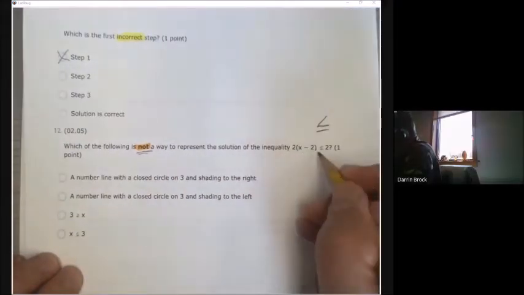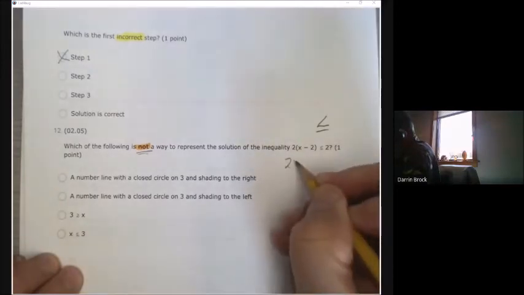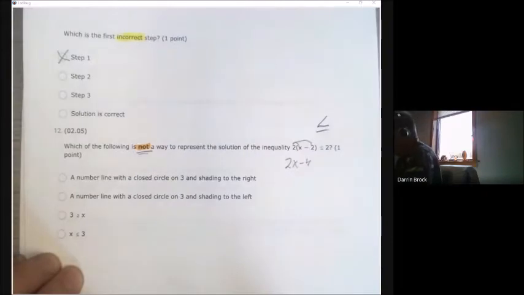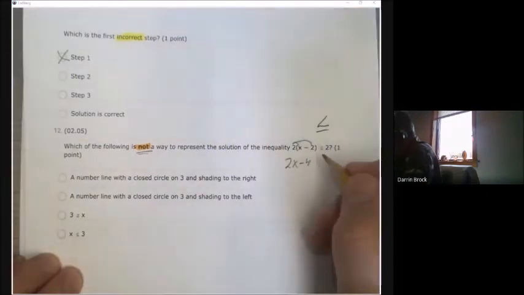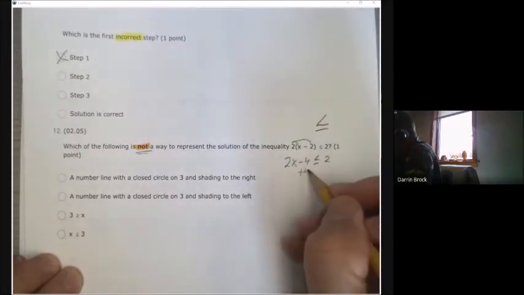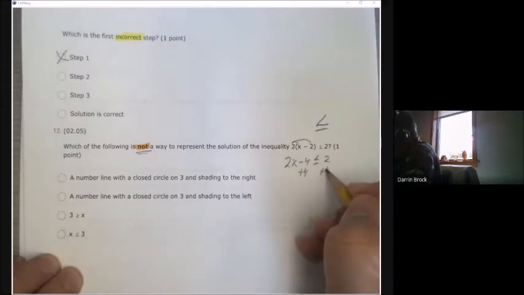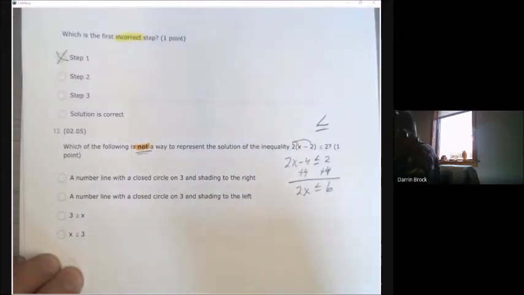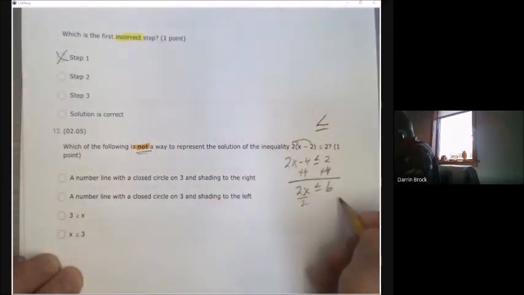So let's get rid of the parentheses. 2x minus 4, because we have to do that to both of them, right? 2 times x, 2 times negative 2, less than or equal to 2. Trying to get x by itself, so add 4. 2x is less than or equal to 2 plus 4. So divide by 2 to get x by itself. X is less than or equal to 3.